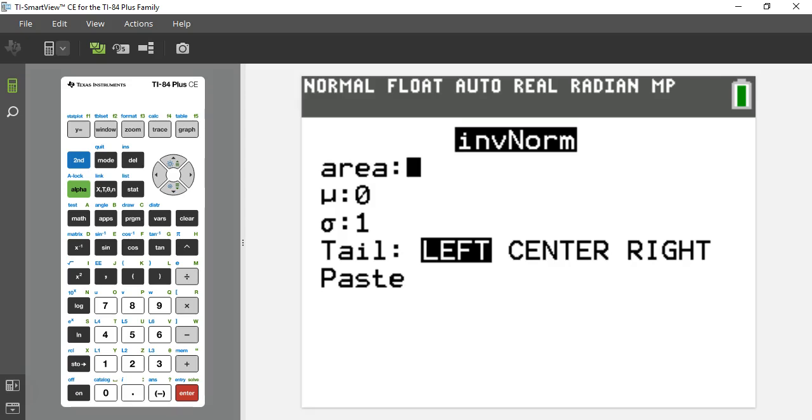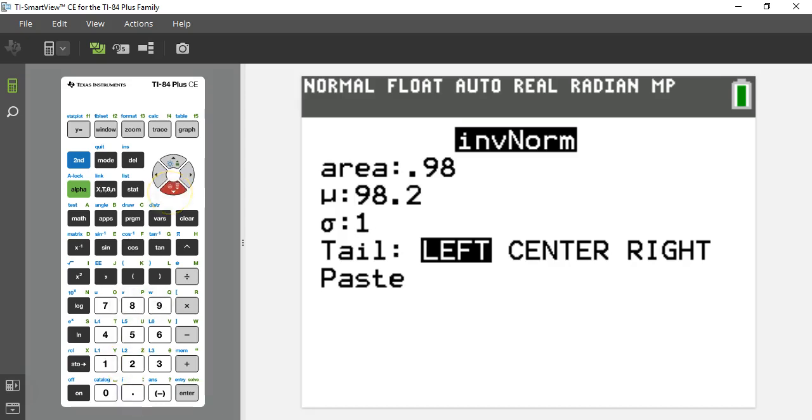What was our percentile? 98, but remember, that's a percent, so we change it into a decimal, 0.98. What was our mean? 98.2.